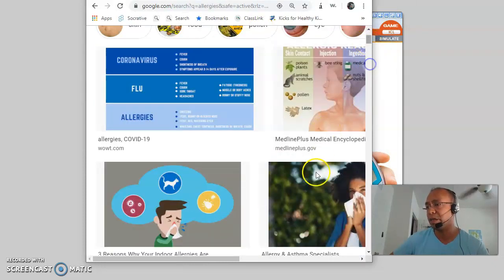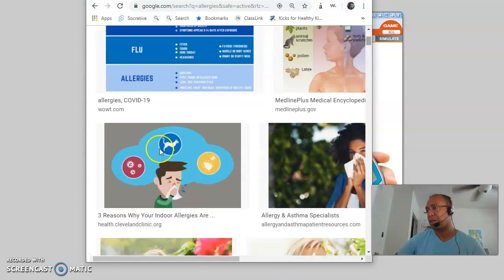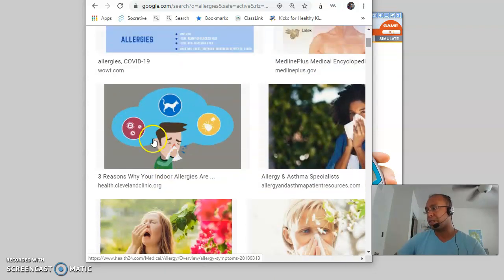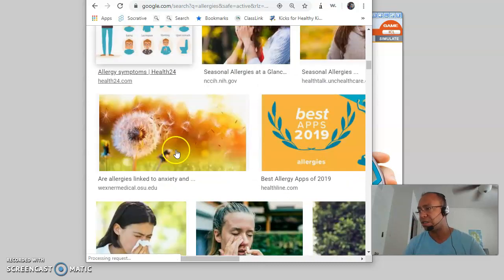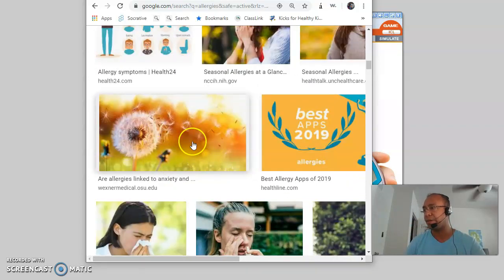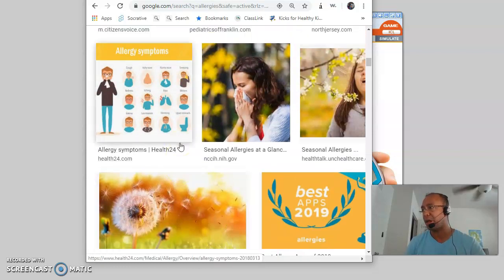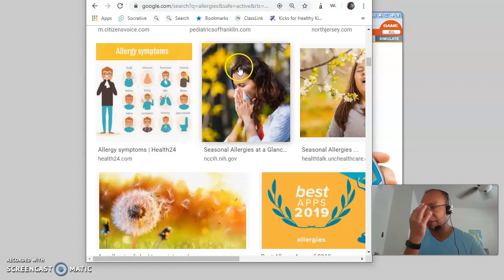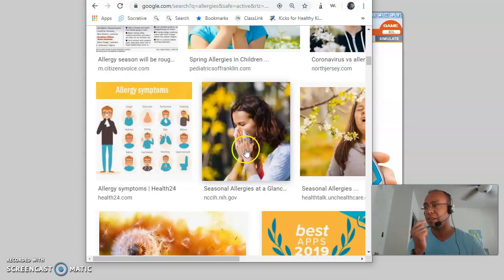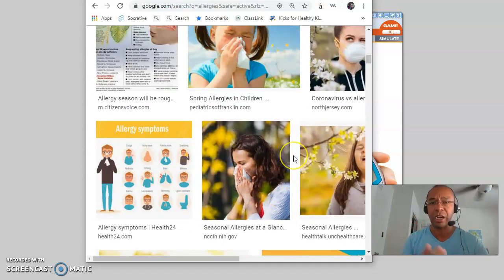If you look, some people get reactions to different allergens that are in the air. Some people get headaches. Some people get congestion, nasal congestion. Some allergies are seasonal.